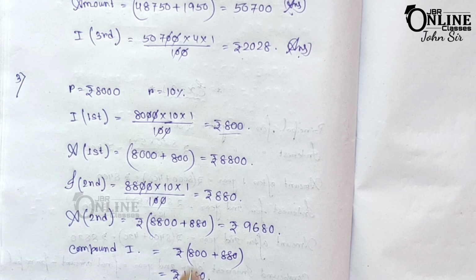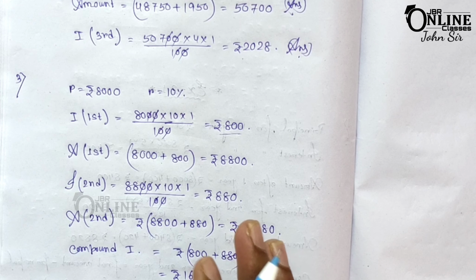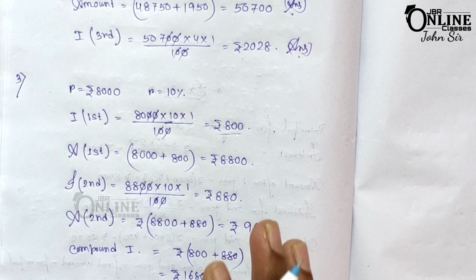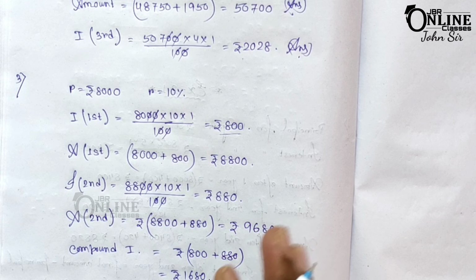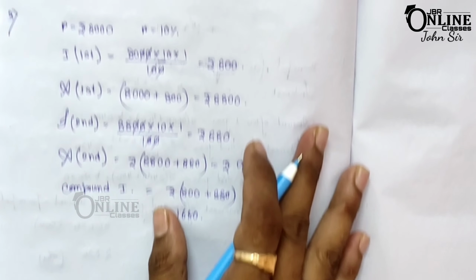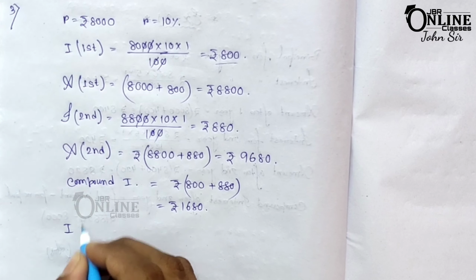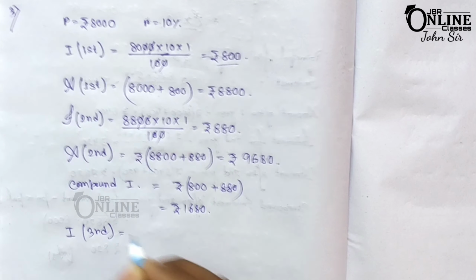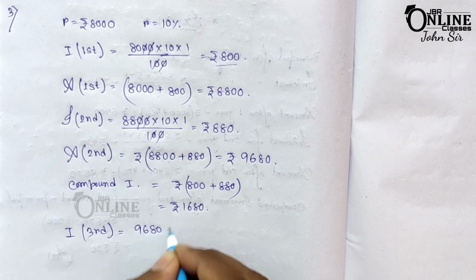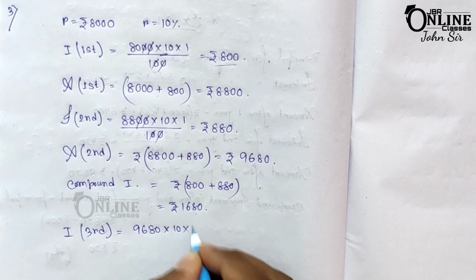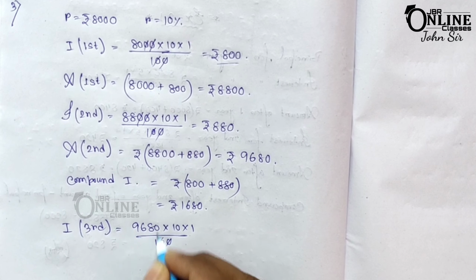The next one, also find the sum due at the end of the third year. So for the end of the third year, first you have to find the interest for the third year. Interest for the third year equals 9680 into 10 into 1 by 100.